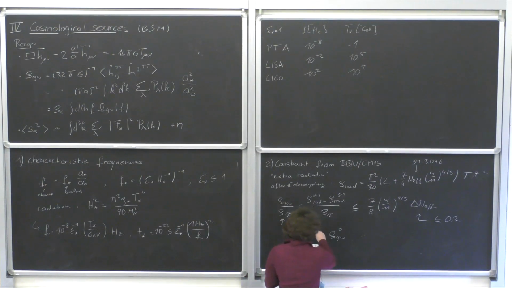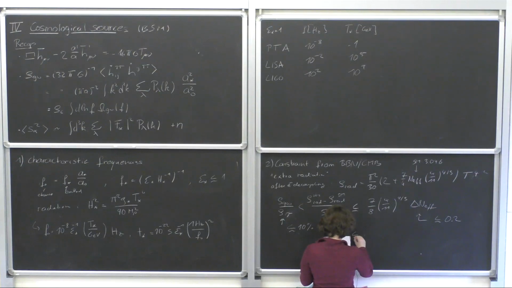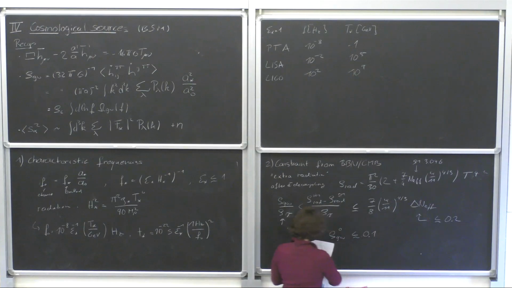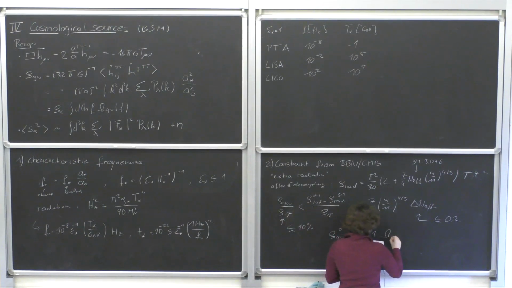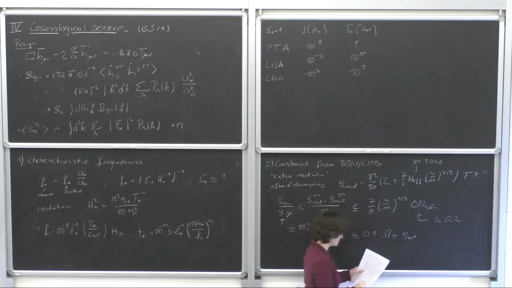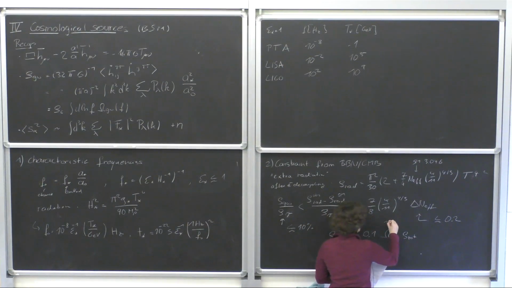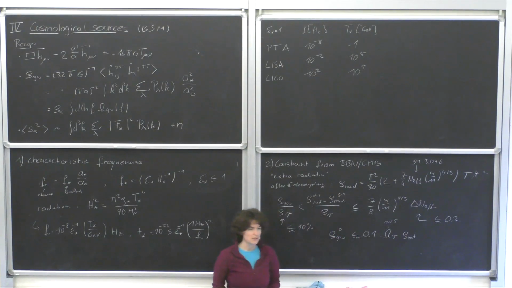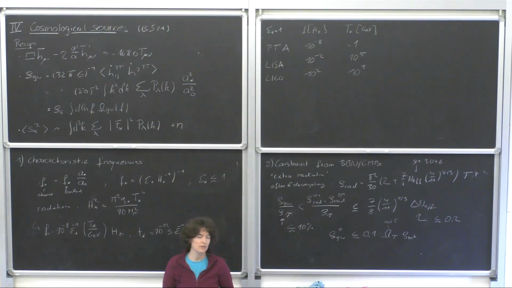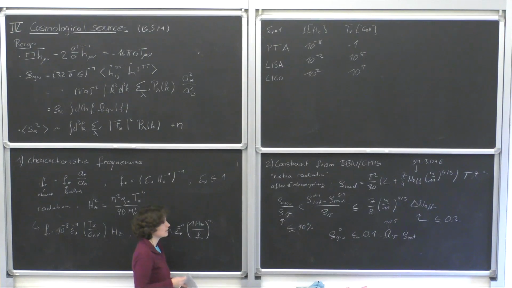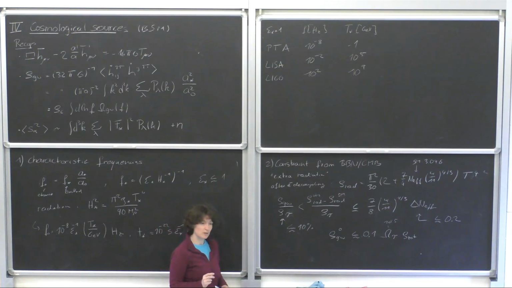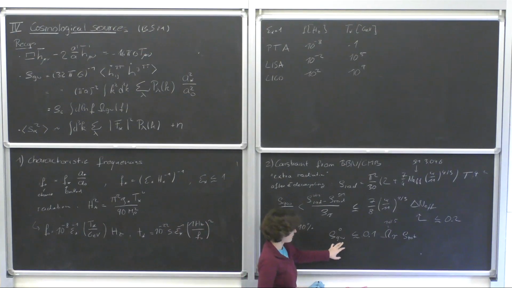So this 10% translates to saying that the energy density in gravitational waves today is this 10% times the fraction that we have today in photons times the total energy density. But this thing is only about 10 to the minus 5. This is the statement that photons redshift faster than matter, and hence today we only have a small fraction of photons compared to matter. So that means that today the fraction of energy we can have in gravitational waves cannot be more than about 10 to the minus 6.